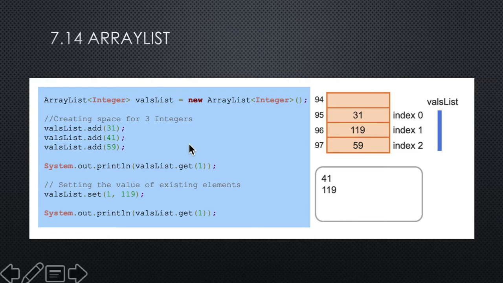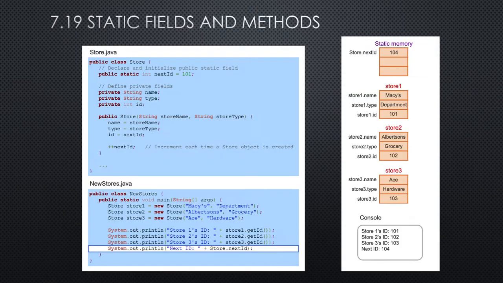Where in the program here, they have been declared in the index 0 to 2. Okay, and you set the value of index 1, initially 41, to 119. Okay, right. 7.19.